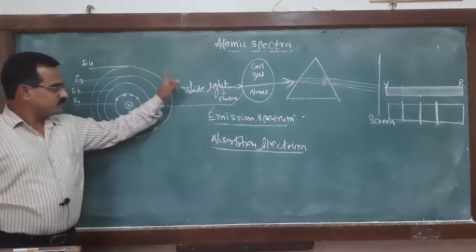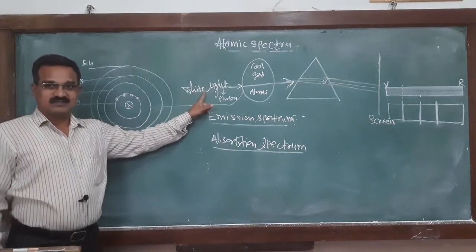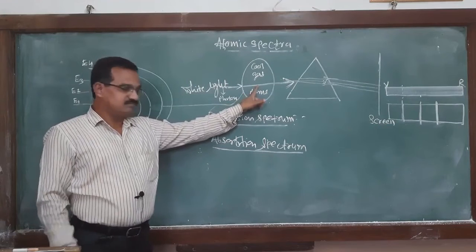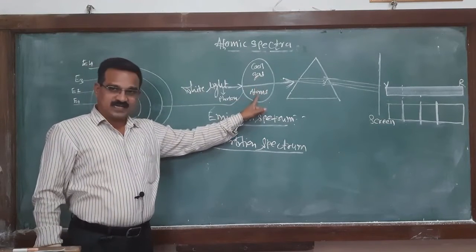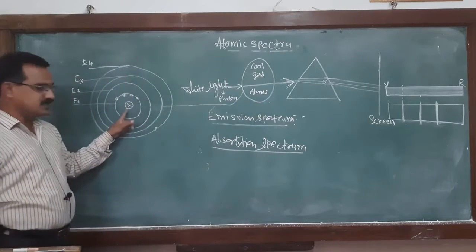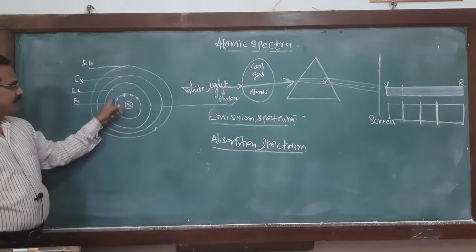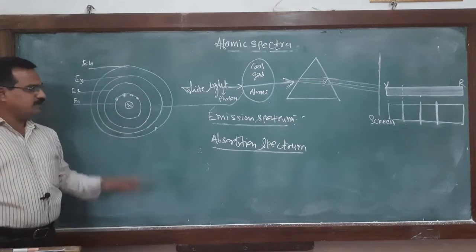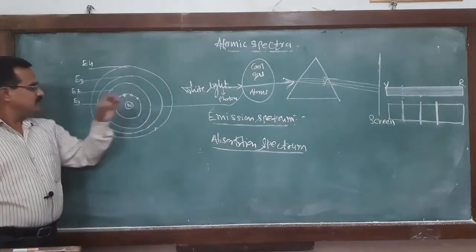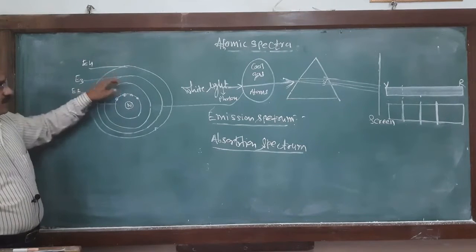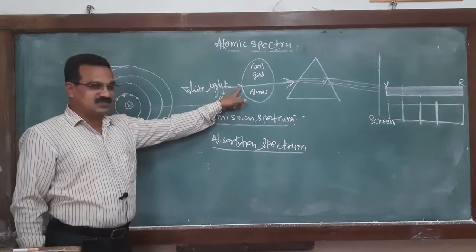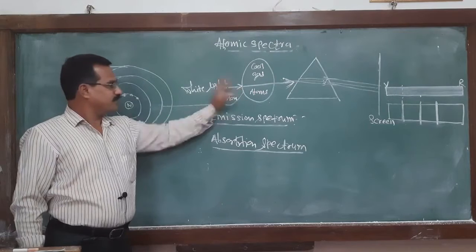Remember this: in the path of white light, a cool gas is there. The gas contains a number of atoms, and one atom is considered with the nucleus at the center and electrons revolving in different orbits, but we assume the electrons are in the ground state. When the white light is incident on this gas, what will happen?